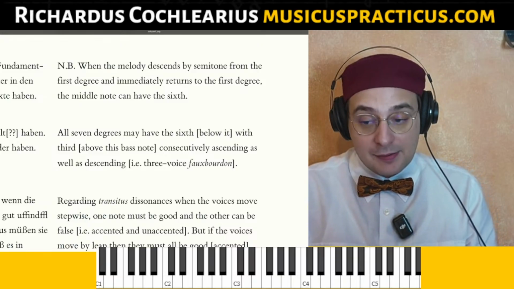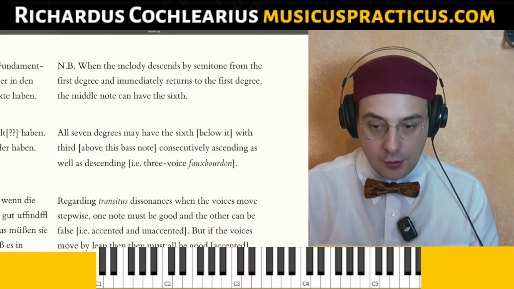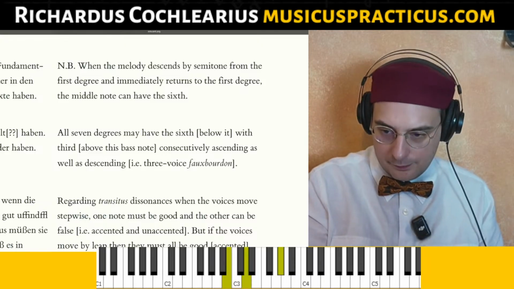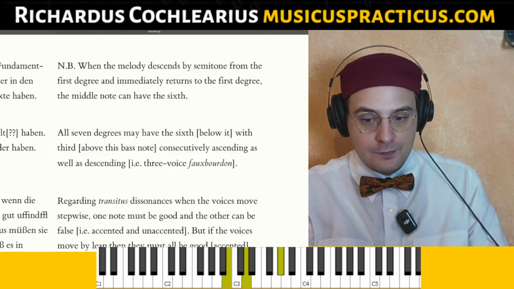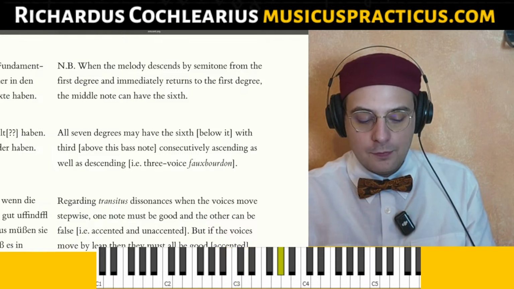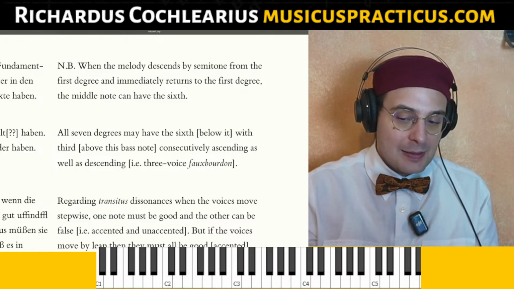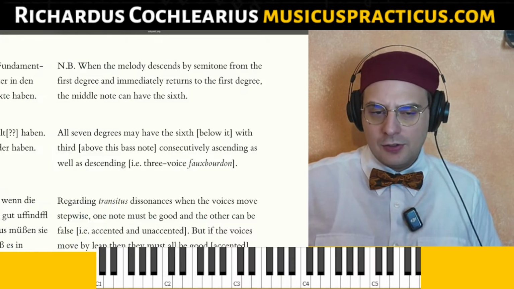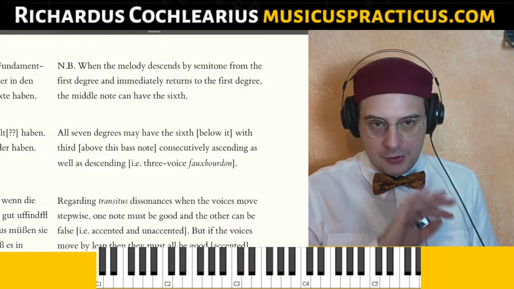All 7 degrees may have the sixth below it, with third above its bass note, consecutively ascending as well as descending. 3 voice for Bourdon. But is it talking about the... This is not clear to me at all. All 7 degrees may have the sixth below it with the third, and this is clear.